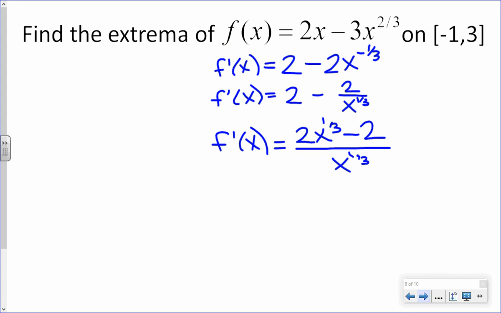And that is also important. So we're going to be doing that same algebra drill when we set the numerator equal to 0, but we also need to set the denominator equal to 0 to see where the derivative is undefined. So if we want to look at where our derivative is undefined, we want that denominator to be 0, right?